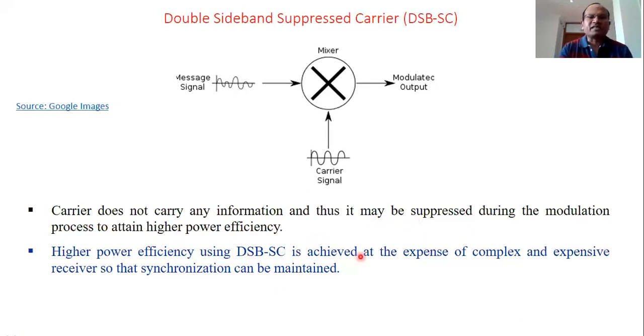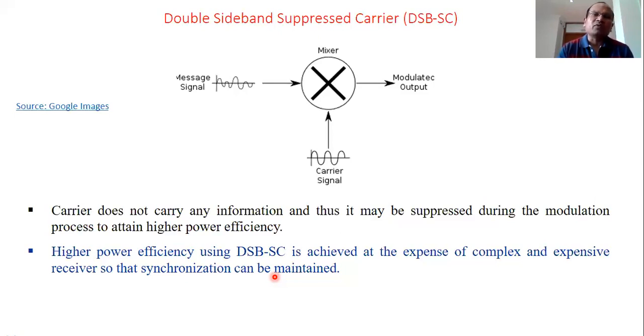Higher power efficiency using DSB-SC is achieved at the expense of a complex and expensive receiver, so that synchronization can be maintained. See, in communication systems or anywhere, there is a rule. When you want to achieve something bigger, greater, or better, you have to sacrifice something. You have to spend something.